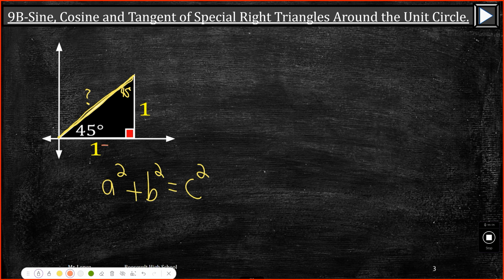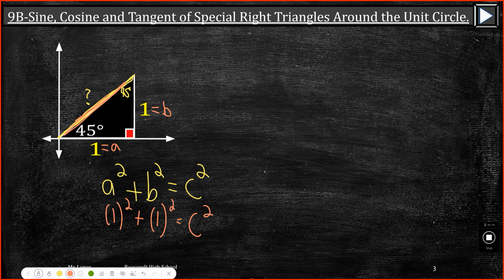So let's call this A, and let's call this B. They're interchangeable because A and B are the same. The one that is not interchangeable is the hypotenuse, which is always by itself. So let's plug in. A is 1 squared, B is 1 squared, and leave the question mark as C squared.